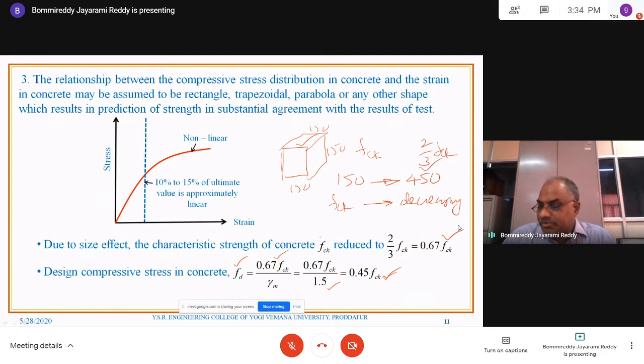So fck is originally the characteristic strength, and because of the size effect it is reduced to 0.67 times fck, and by the introduction of the partial factor of safety, the value becomes 0.45 fck. Finally, the maximum compressive stress in concrete is considered as 0.45 fck only.